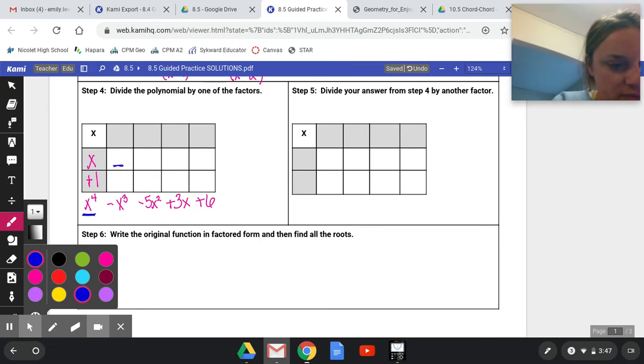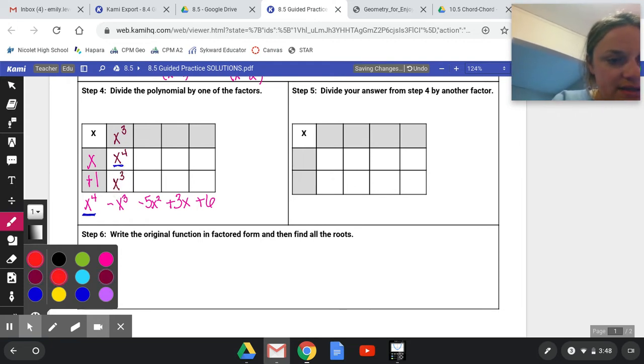That will be x to the 4th. Now I have to think to myself, x times what gives me x to the 4th, and that goes up here. X to the 3rd times x gives me x to the 4th. So it goes there. Then I multiply down. X to the 3rd times a +1 gives me x to the 3rd.